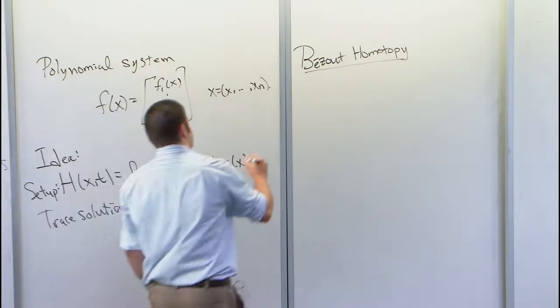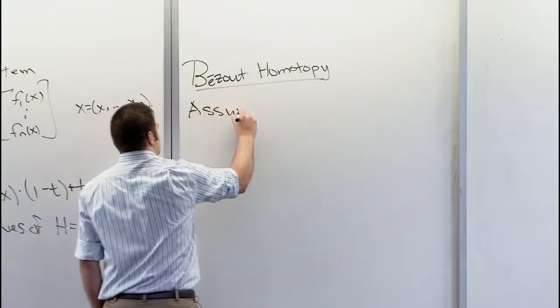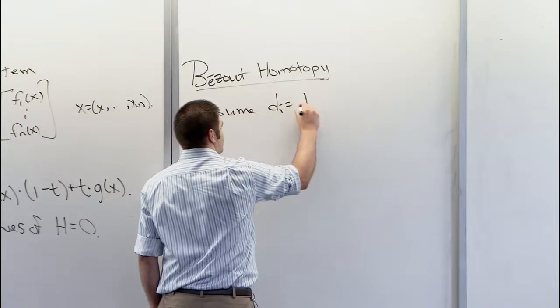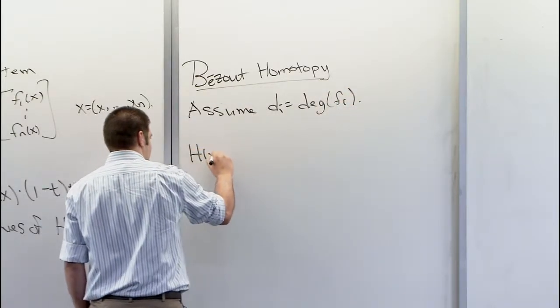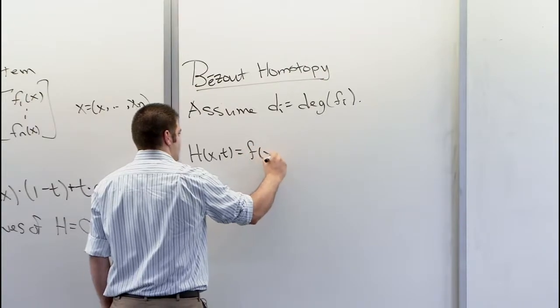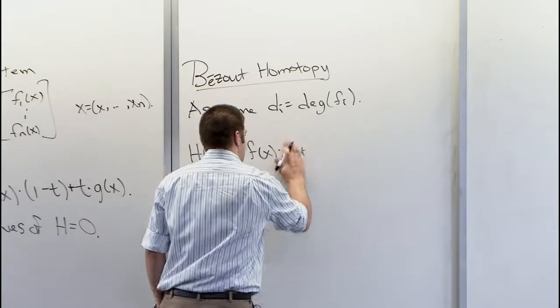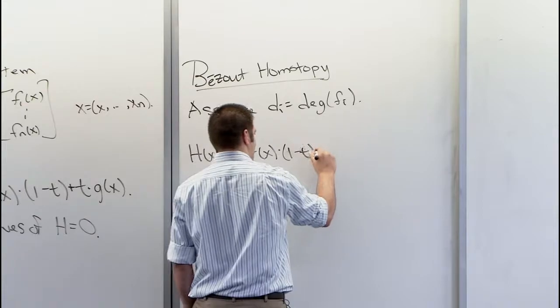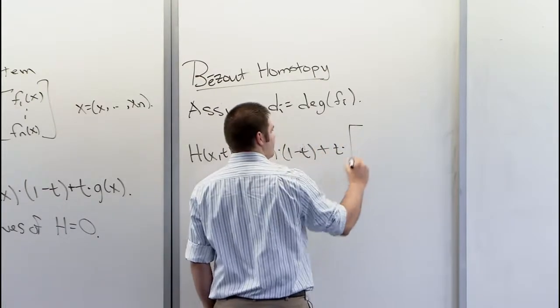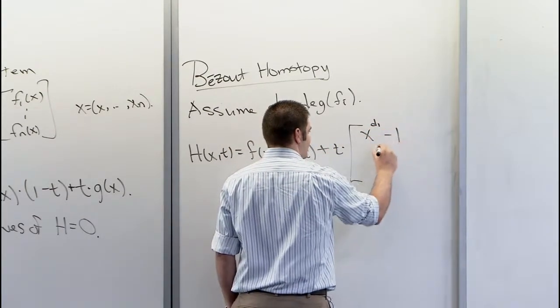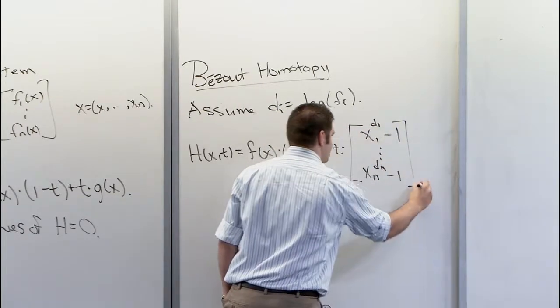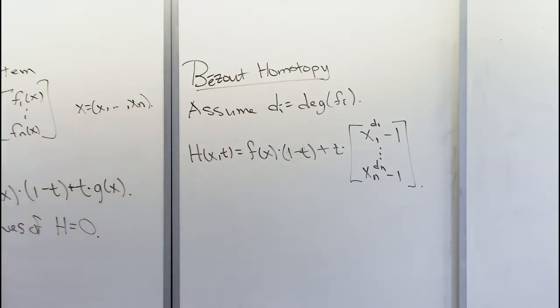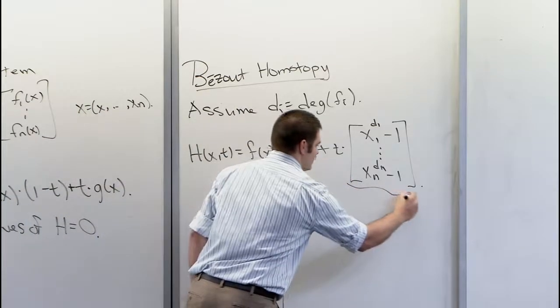So assume that di is the degree of fi. And now I'm just going to take my homotopy to be very simply 1 minus t plus t times the following system, x1 to the d1 minus 1, through xn to the dn minus 1. So my g of x is this very nice simple system here.